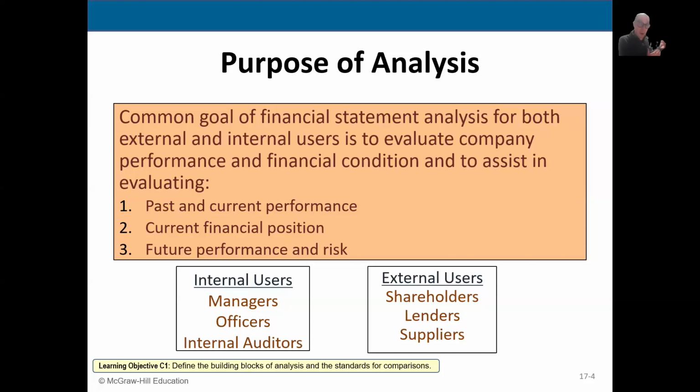How well our sales were in the past compared to now, how much our expenses were in the past compared to now, etc. So from a time perspective, it shows us trends, right?